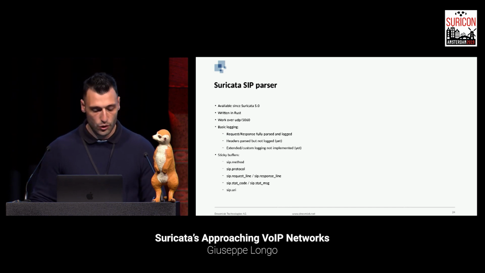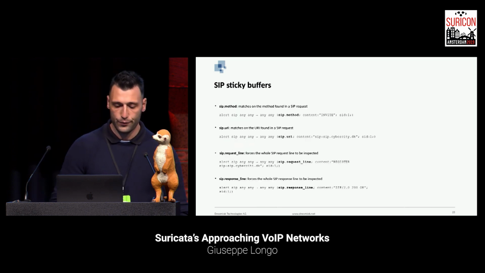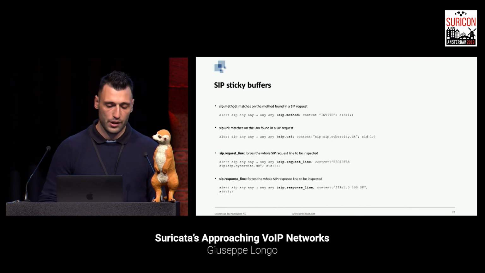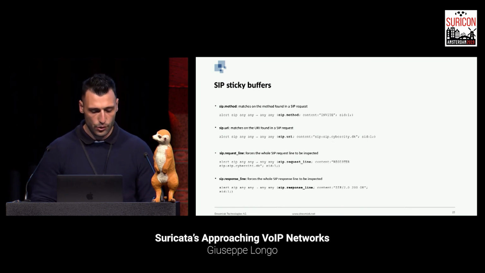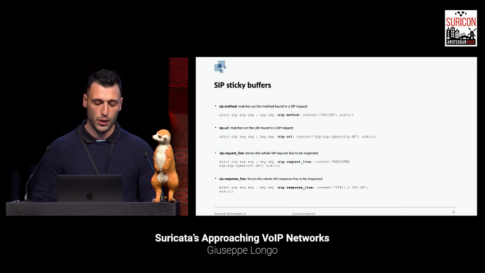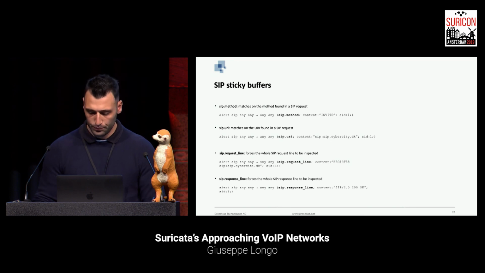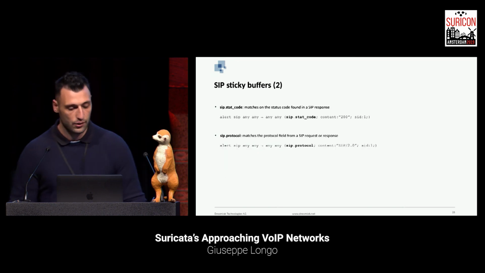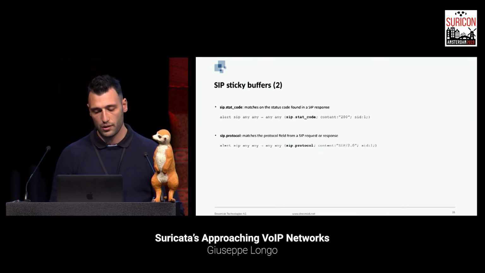I added some new sticky buffers for SIP also, like sip.method, which matches on the method found in a SIP request. sip.uri matches on the URI found in a SIP request. Then sip.request_line forces the whole SIP request line to be inspected, and the same for the response line. sip.stat_code matches on the status code found in a SIP response, and sip.protocol matches the protocol field from a SIP request or response.